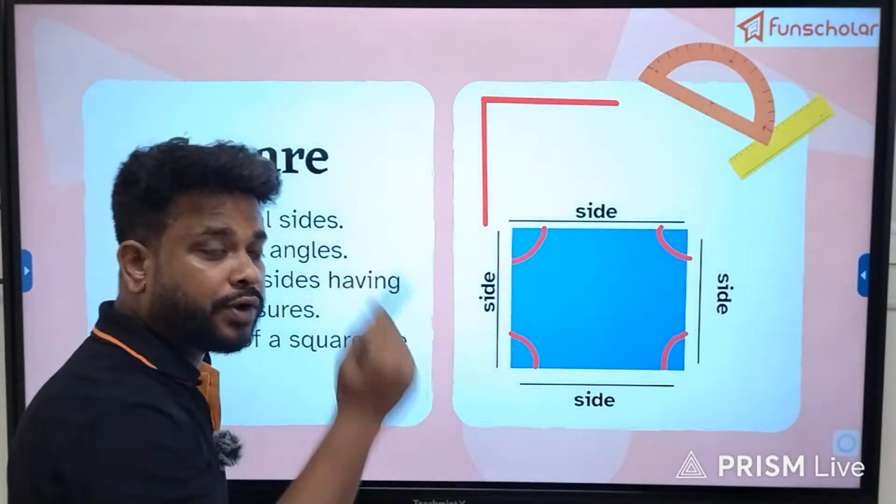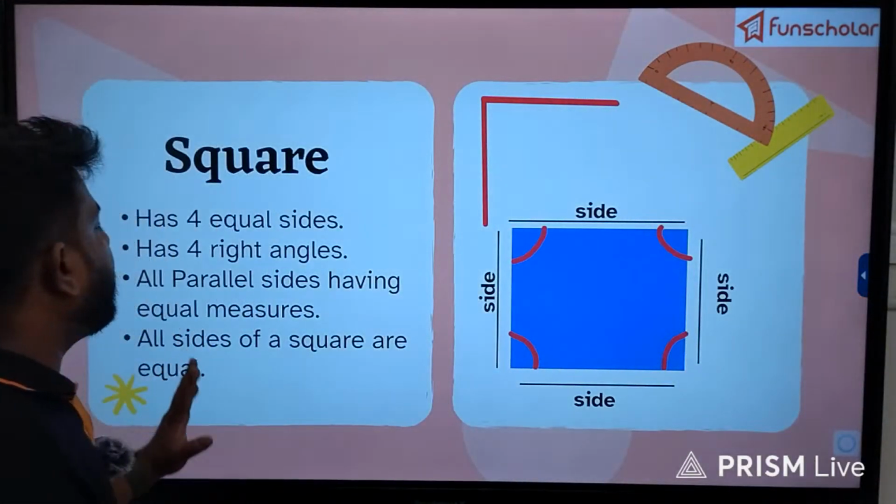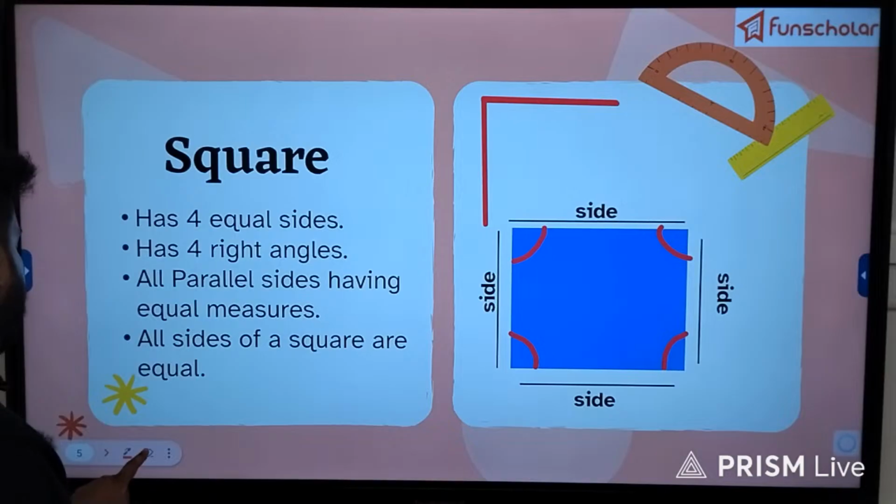So it has 4 right angles and all parallel sides having equal measures.